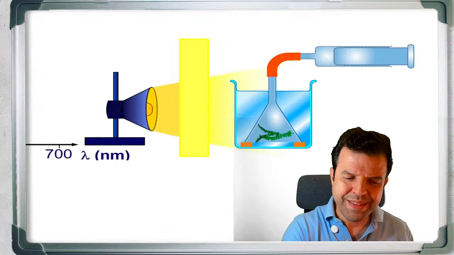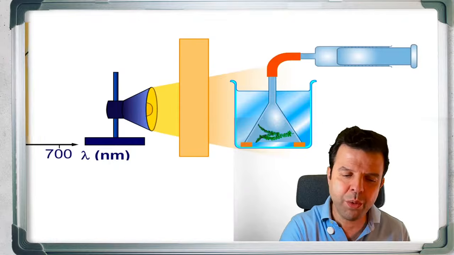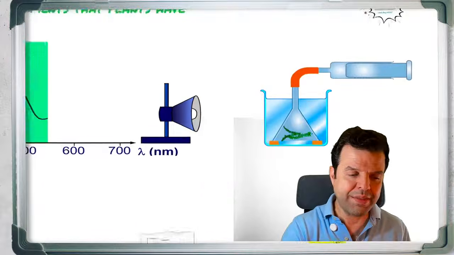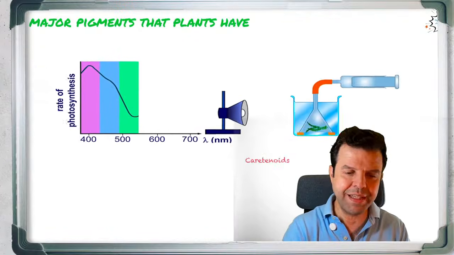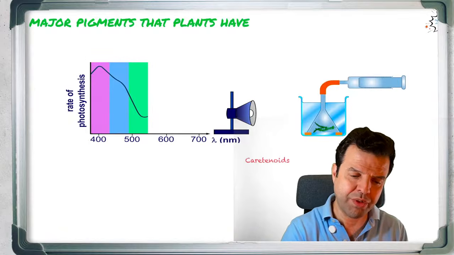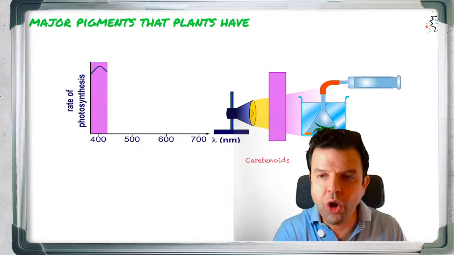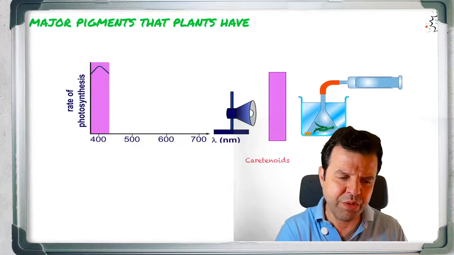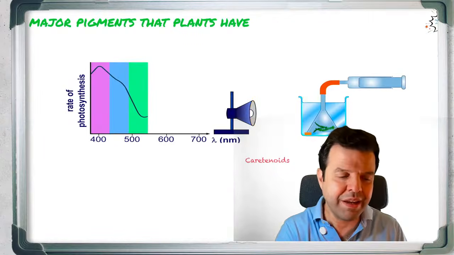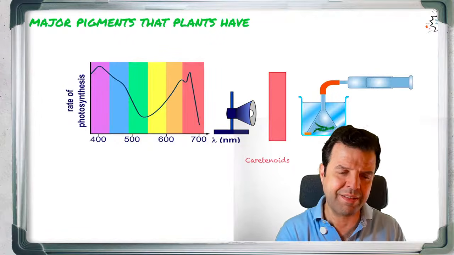Yellow, still not a lot. Orange, somewhat. Red, whoa, it's a lot. So let's take a look on the left-hand side and see the colors and rate of photosynthesis. Once again, keep an eye on the left-hand side now. See, a lot near the purple region, less in the blue, nearly nothing in the green, then it increases again until we get to the red.